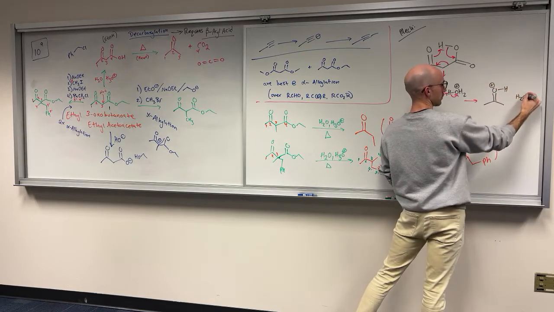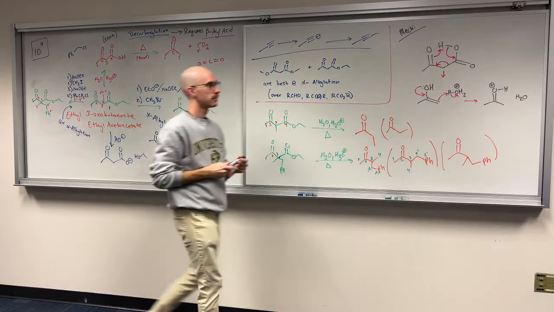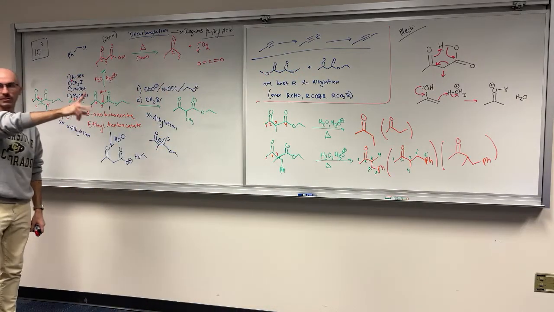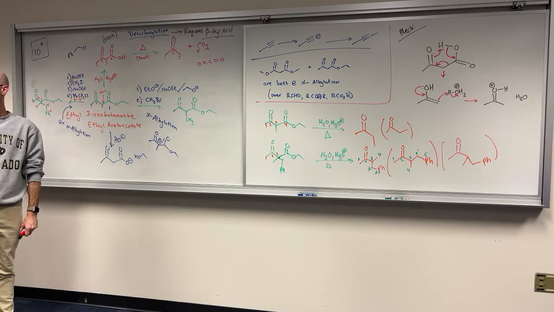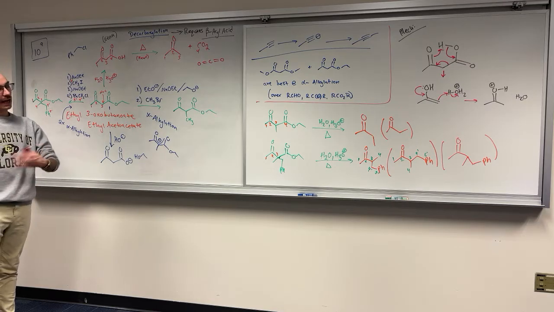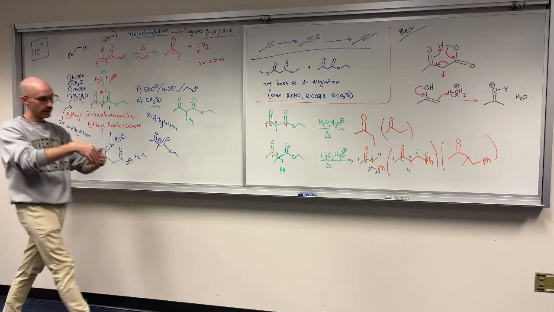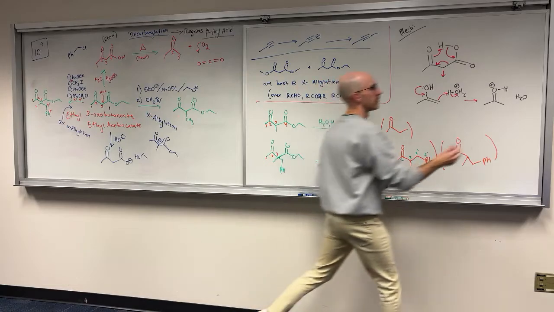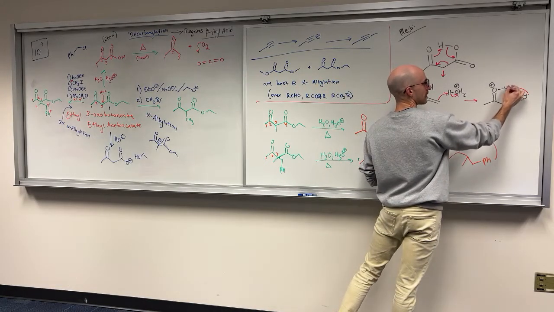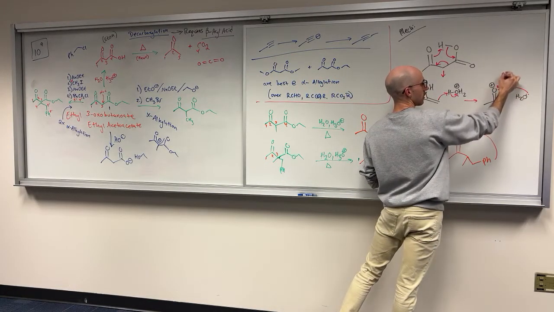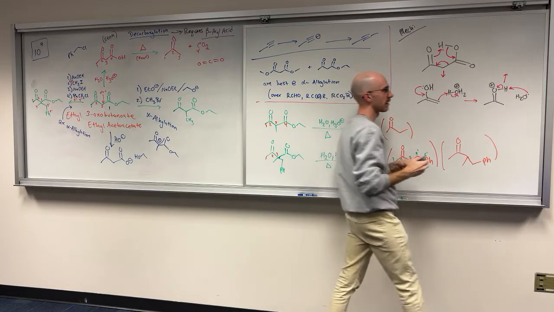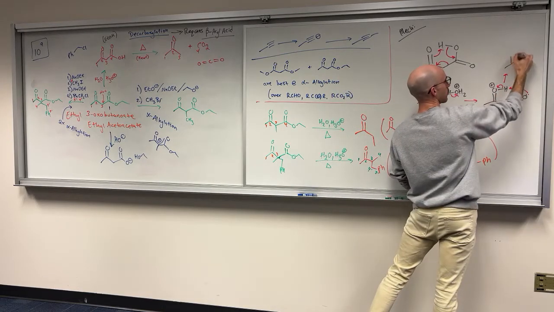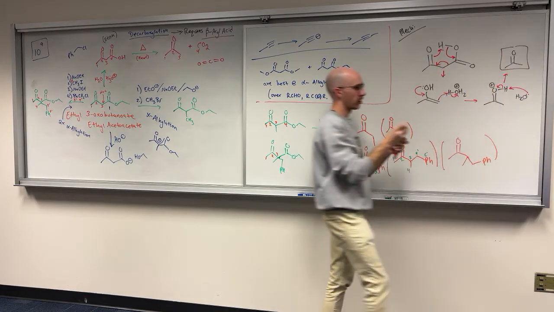Tautomerization. That's our tautomerization process. Alkene acts as a base, and the carbonyl forms. And then, because this is acid-catalyzed tautomerization, we just see that simple deprotonation, and we're left with our carbonyl.